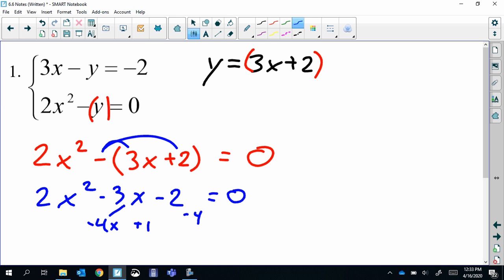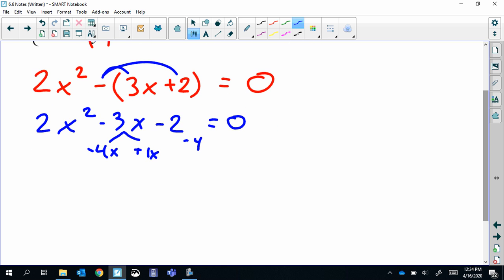So we're splitting our middle term as our factoring trick here. We'll keep the -2, and we keep the 2x squared here. Now that we split the middle term, we have 4 terms, so we can factor by grouping.